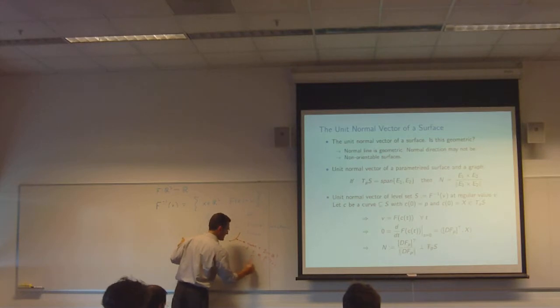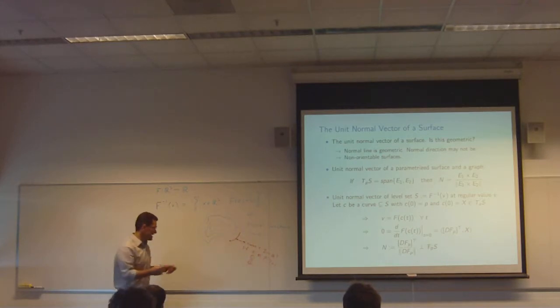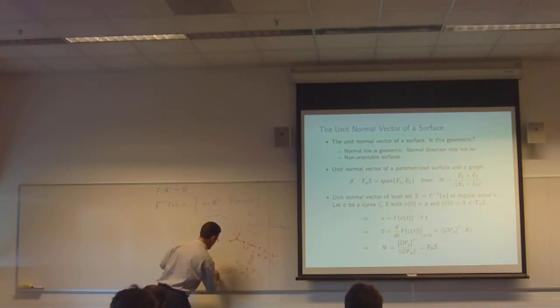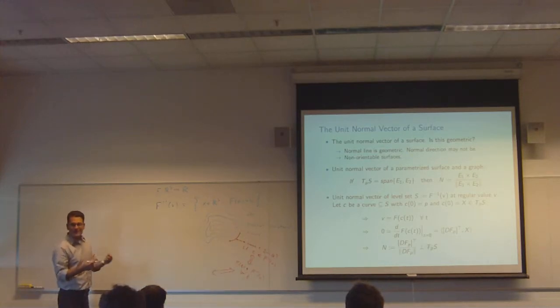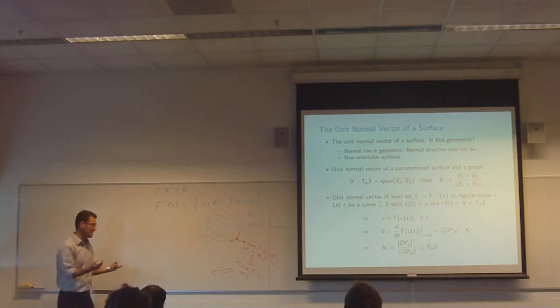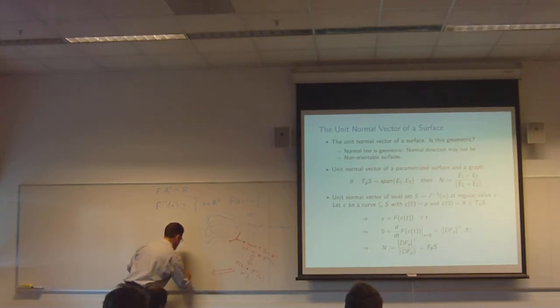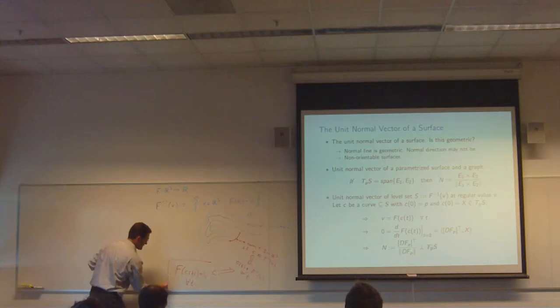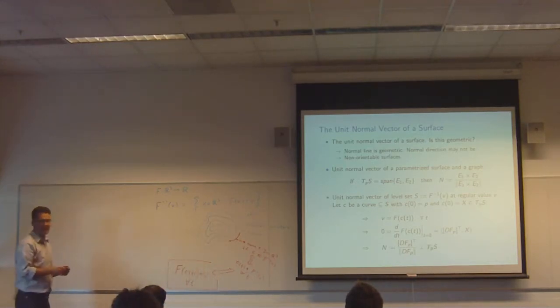And of course, what that means is that C of t belongs to the level set for all t. Every C of t lies on this blue curve where the value of f is always equal to v. So in other words, f of C of t equals v for all t. This is a consequence of the curve lying in the level set. Okay? Does that make sense?